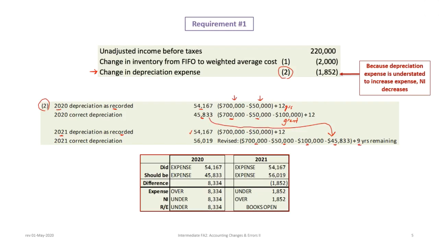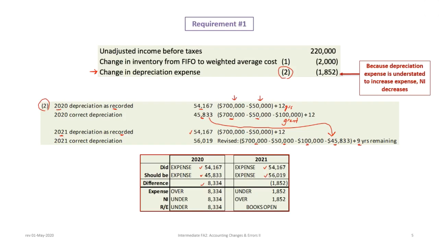If we were to look at it from the perspective of this little chart down here, in 2020, they expensed $54,167. It should have been $54,833, so a difference of $8,334. And then in this year, because of the change, we have expense that was $54,167. It should have been $56,019, and so that's a difference of $1,852.